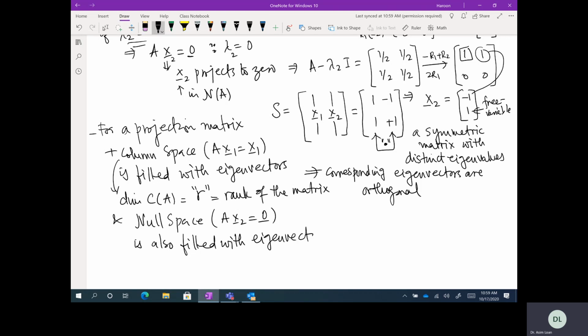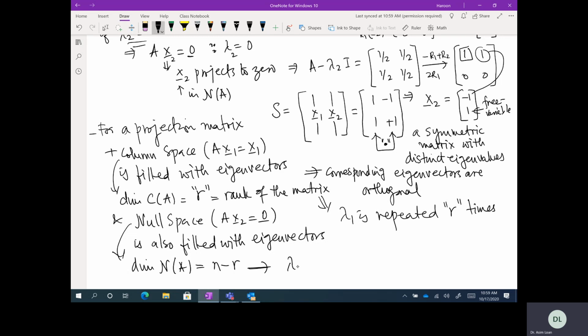And the dimension of the null space of A is simply n minus r. So this implies lambda 1 is repeated r times, and lambda 2 is repeated n minus r times.